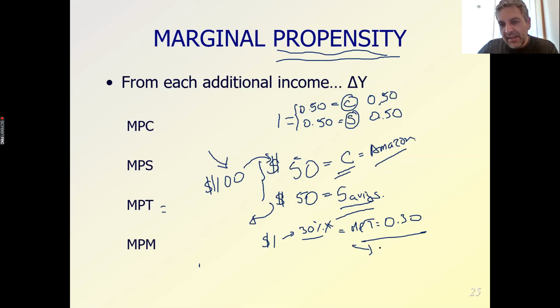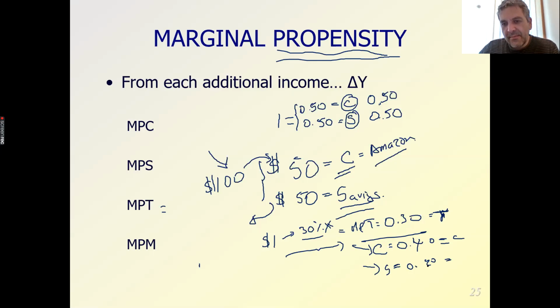Maybe you are using again some for consumption from the dollar. Maybe you're going to use, let's say, 40 cents just for consumption. You already have taken away 30 cents for taxes. And what is remaining is 20 cents that you may say, well, I'm going to be saving.